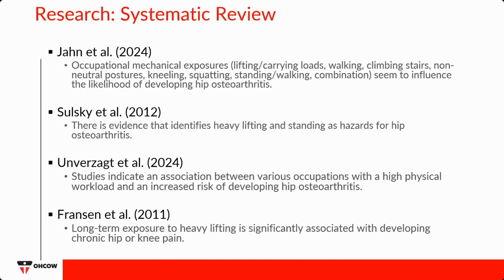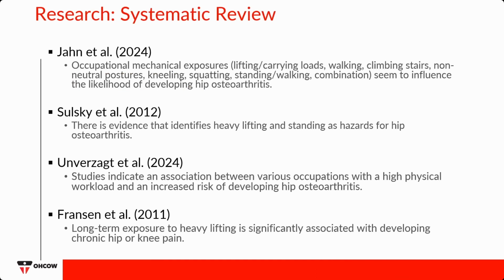Some systematic reviews that I looked at: Yan in 2024 found that occupational mechanical exposure, so lifting, carrying loads, walking, climbing stairs, non-neutral postures, kneeling, squatting, standing, and a combination of any of these, seemed to influence the likelihood of developing hip osteoarthritis.